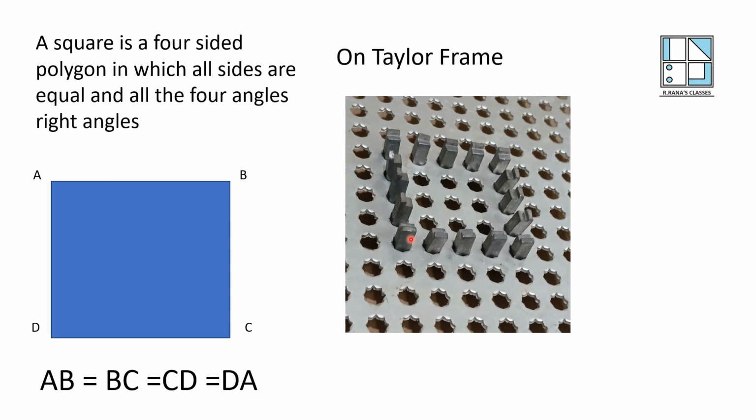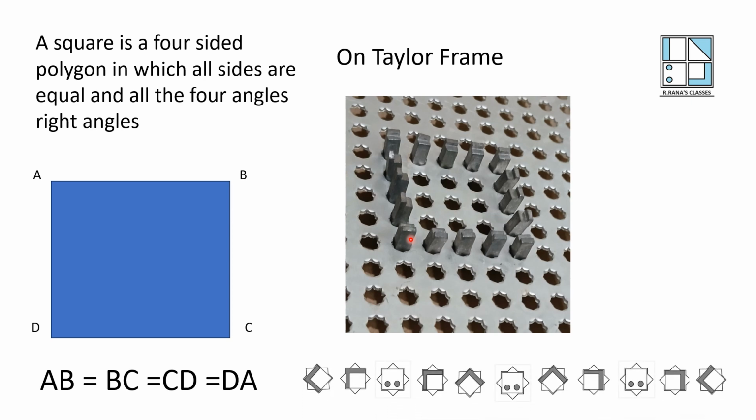You can also make them feel that the angles are right angles, and therefore a square can easily be shown on a Taylor frame, and everyone can form a clear picture in mind of what a square is. You can also cut a cardboard in the shape of a square and show it to the student.